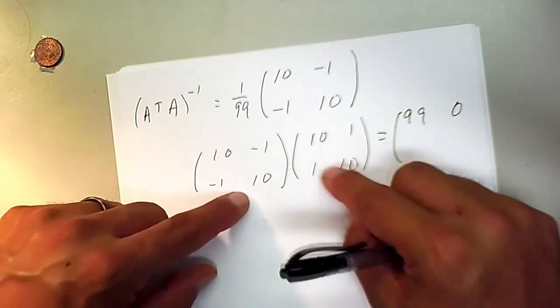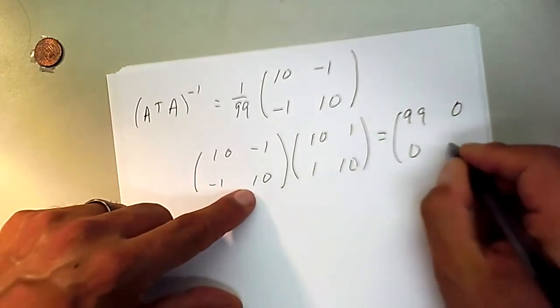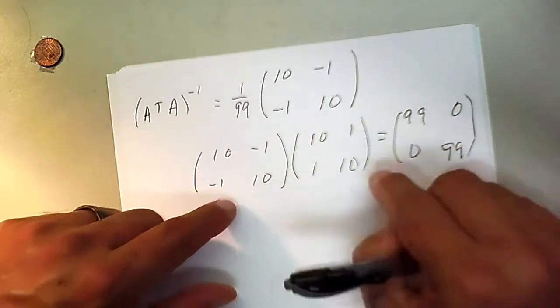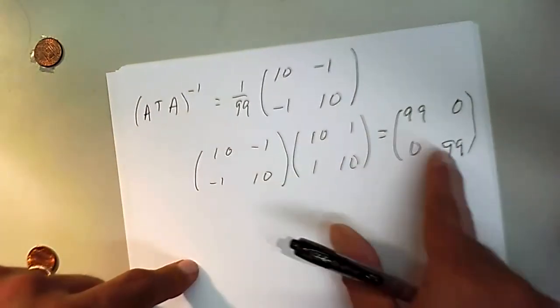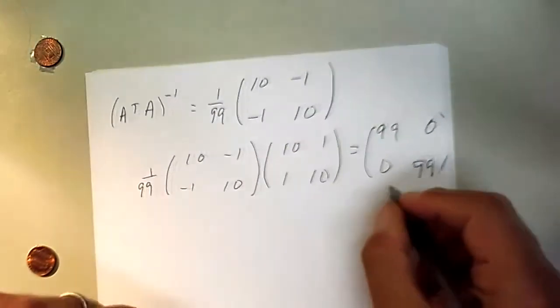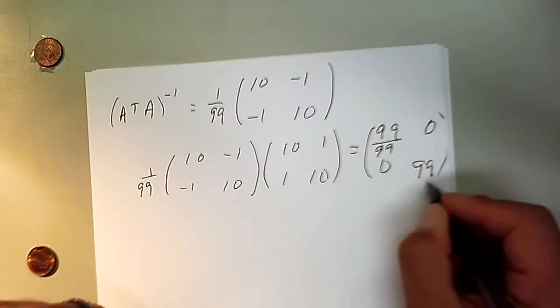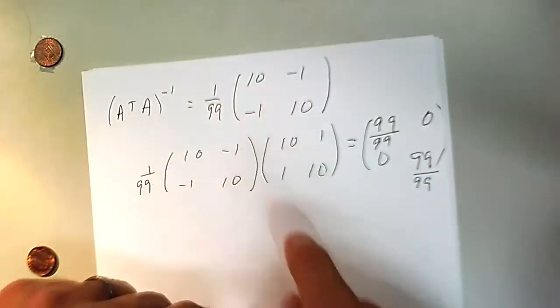Negative 10 plus 10, 0. Negative 1 plus 100, 99. Yeah, that works because that did not include the division by 99. So those would have been one. Yeah, if we put 1 over 99 here, then we would put 99 there. And that will give us the identity. So we're good. This is the inverse.